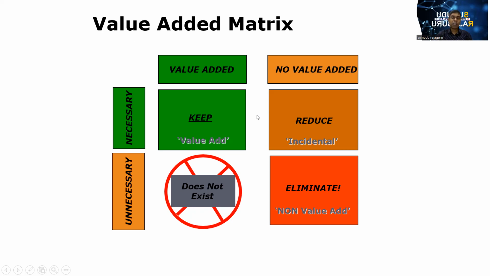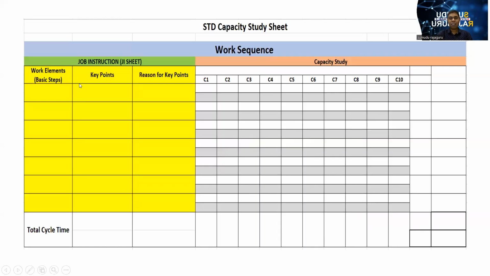Then we have to reduce the non-value-adding and enhance the value-adding. That is also one of the simplest ways to enhance organization efficiency by optimizing the process. When we do the optimization, sometimes we can use the capacity study sheet also.